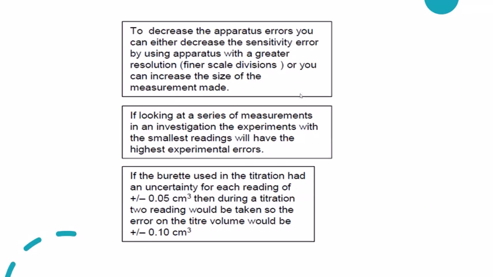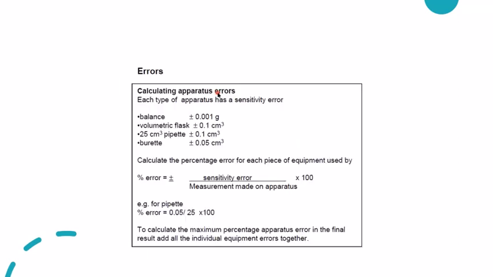Now to decrease the apparatus error, you can either decrease the sensitivity error by using apparatus with a greater resolution, or increase the size of the measurement, because the percentage error depends on sensitivity.